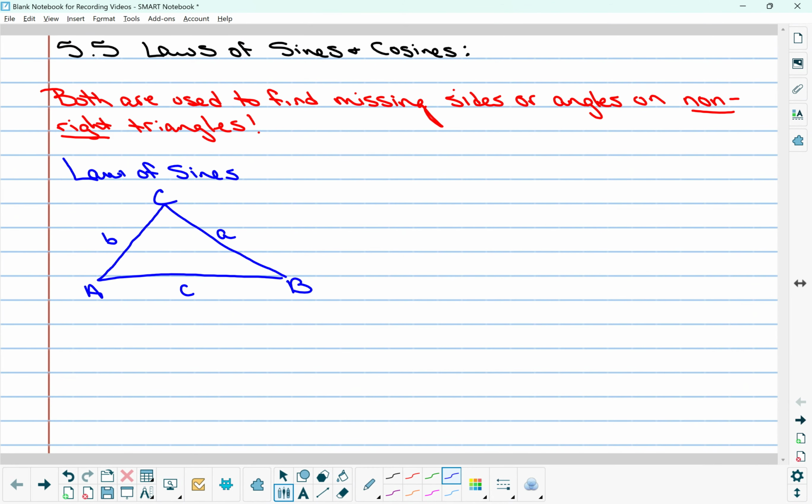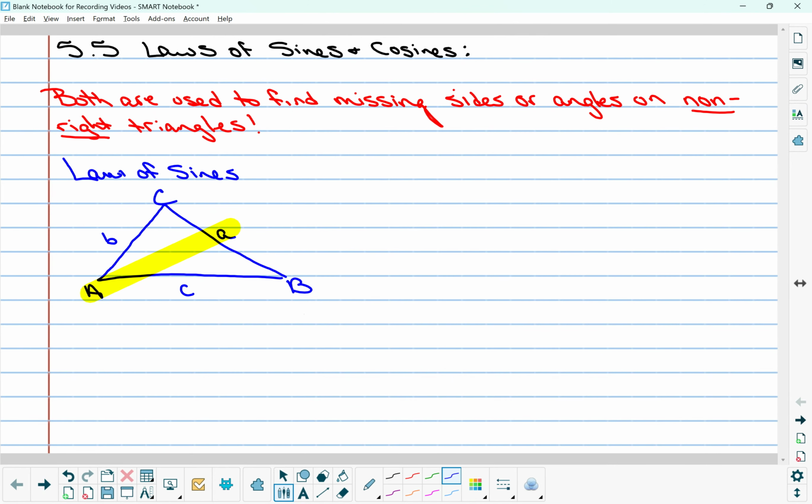You're going to use law of sines when you have an angle and its opposite side, any one of them, A or B or C. You have to have the angle and the missing side, and then either a missing angle or a missing side. But you have to have this corresponding angle and side, any of them, like I said.